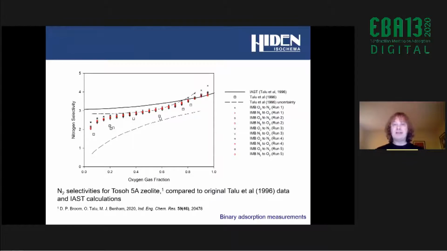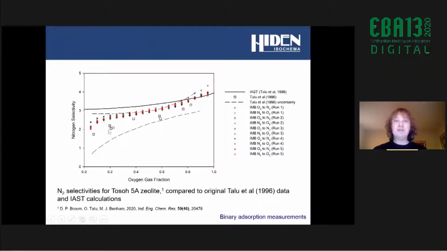Moving on then to the selectivities. I didn't mention before that actually the 10 runs were run in both directions, from oxygen to nitrogen and nitrogen to oxygen, to check that there wasn't an effect in terms of the flow patterns between the different directions. But the selectivities that we calculated are shown by the cluster of points here.